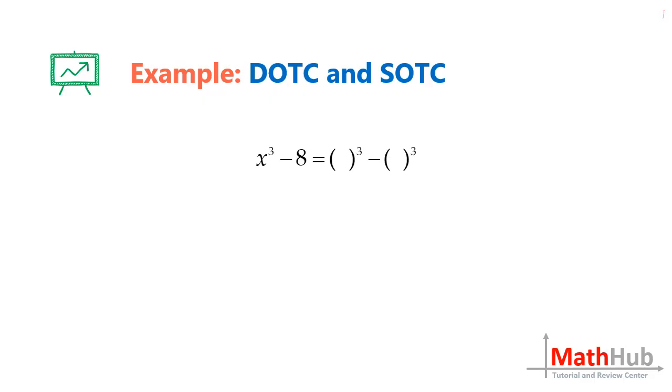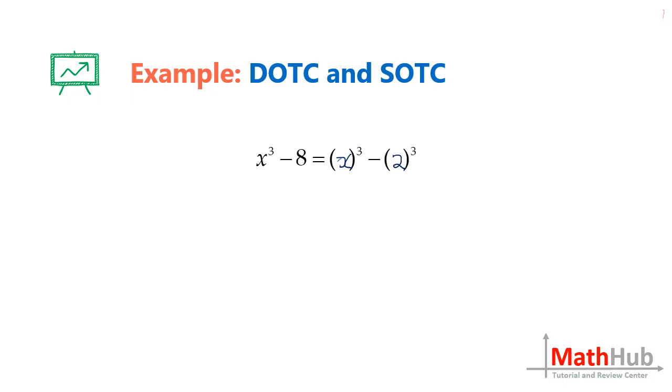Example, let's take a look at x cubed minus 8. So this is an example of DOTC. So I have here something cubed minus something cubed. X cubed is the cube of x, and 8 is the cube of 2.